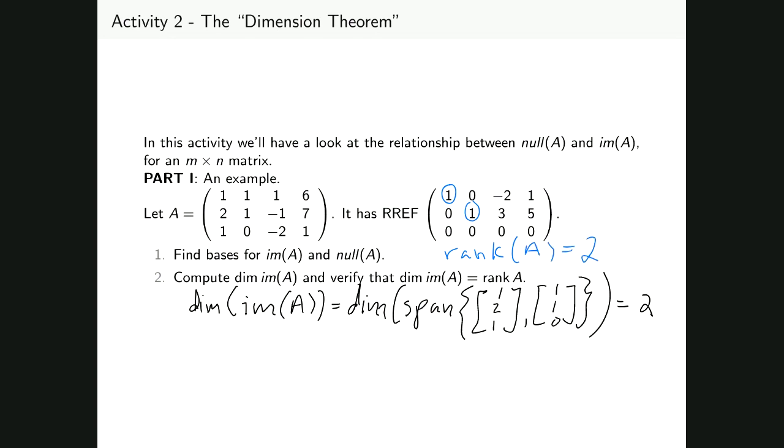So I've got rank 2. Okay, so the dimension of the image is equal to the rank in this case.